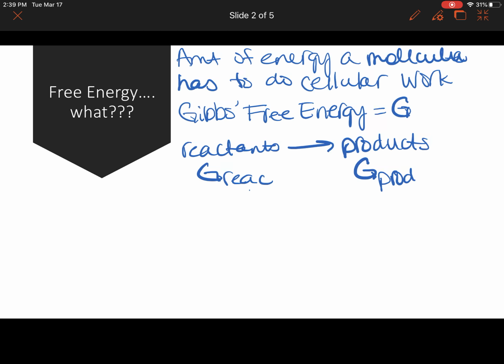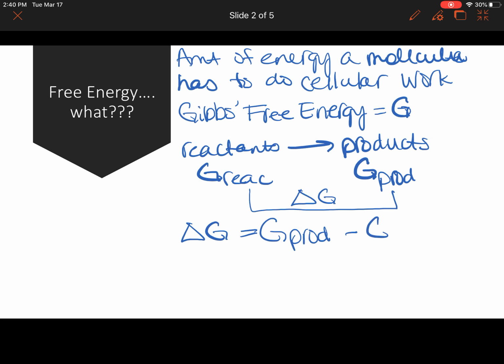And so the difference then between the free energy of the products and the free energy of the reactants is called delta G, which means the change in free energy. And delta G is calculated as the free energy of the products minus the free energy of the reactants.